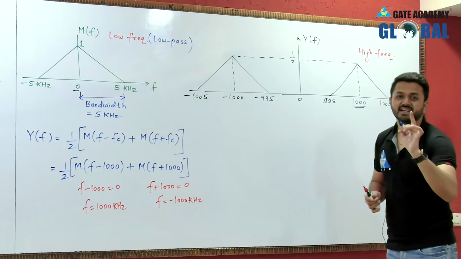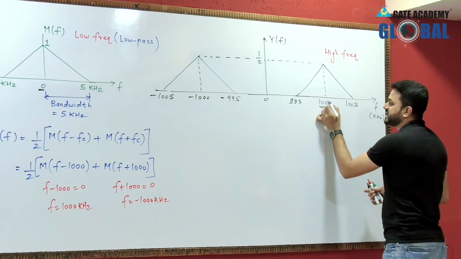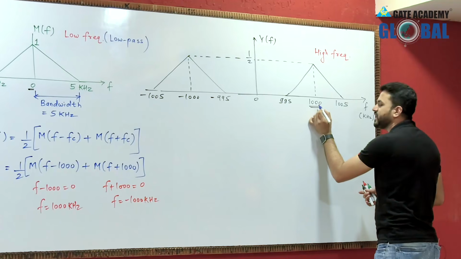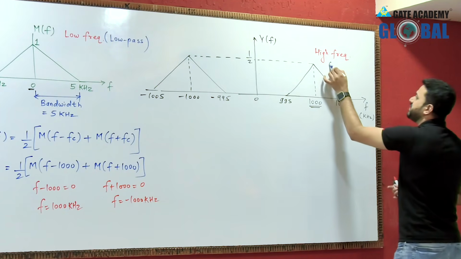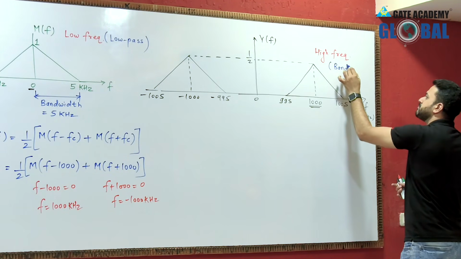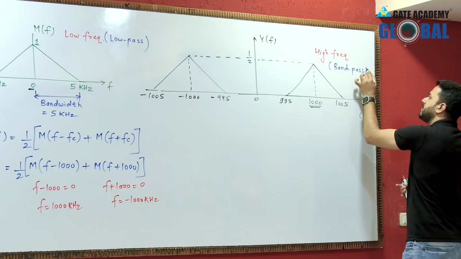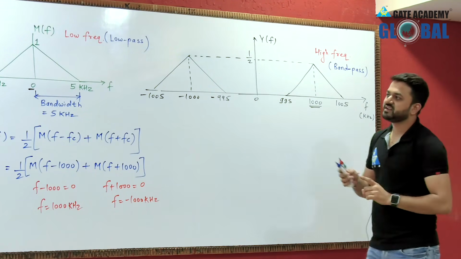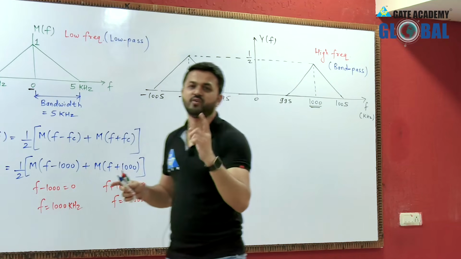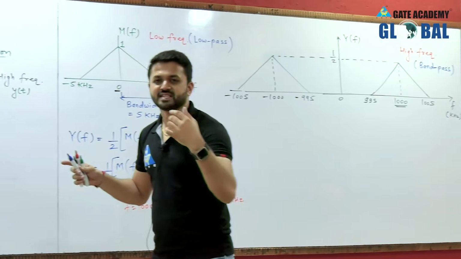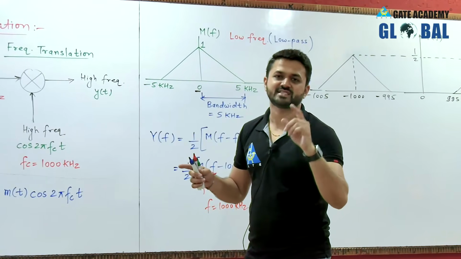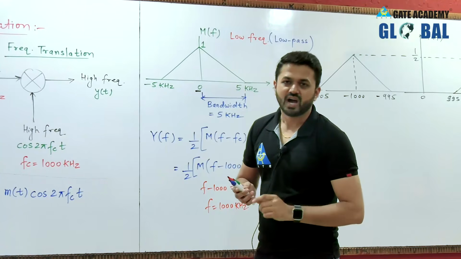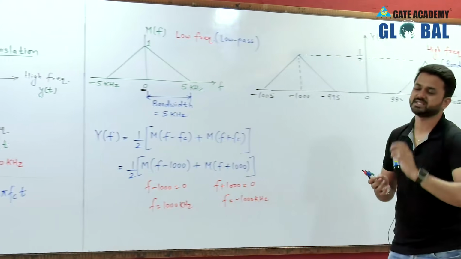If the spectrum is centered at other than 0, like in this case it is centered at 1000, it is called a band pass signal. So it means that frequency translation also converts the low frequency signal to high frequency, as well as the low pass signal into a band pass signal.